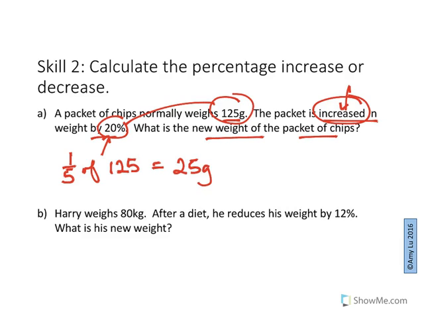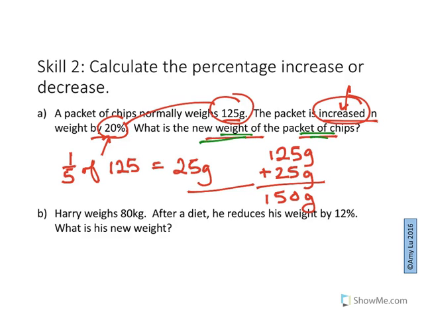Now, since it's increased, I'm going to take step 2, 125 grams, plus my extra 25 grams, add them, and it equals 150 grams. So the new weight of the packet of chips, which has been increased in weight by 20%, is 150 grams. Now, increase means to add on, decrease means to subtract. So at this time, pause the video, and can you do B?